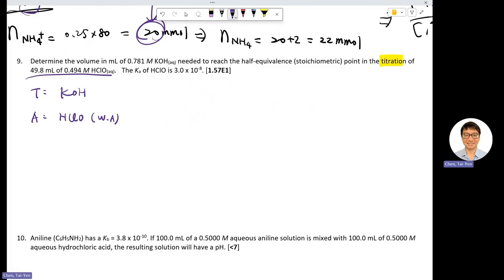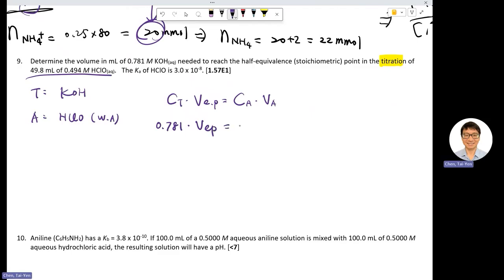The second step is to determine the equivalence point. The way you figure out the equivalence point is that the concentration of your titrant times the volume at the equivalence point equals the concentration of your analyte times the volume of your analyte. The concentration of titrant is 0.781, and VEP is the one you are looking for.